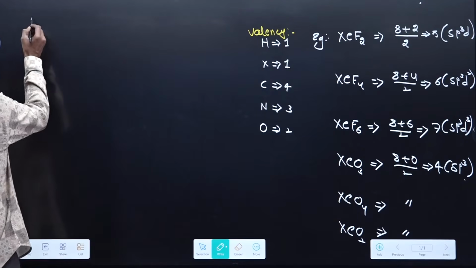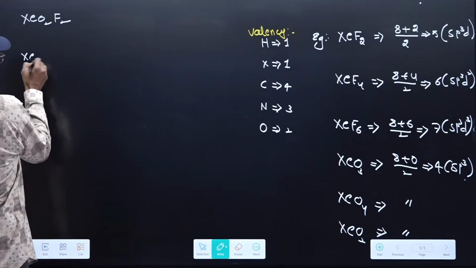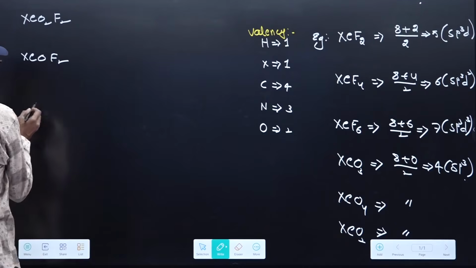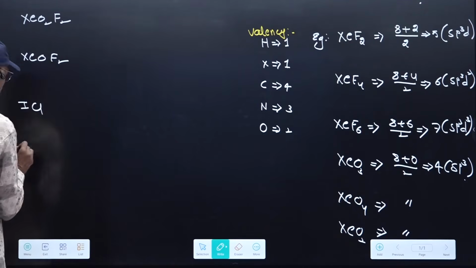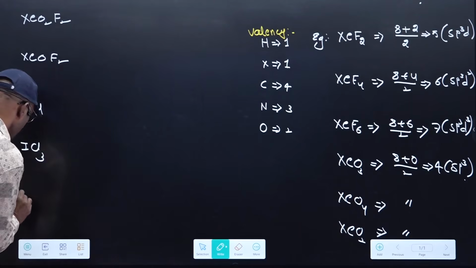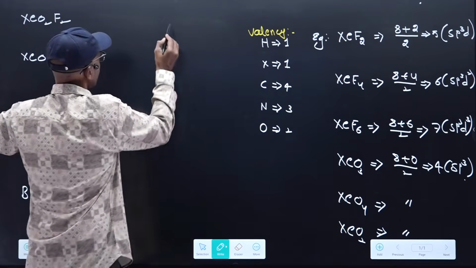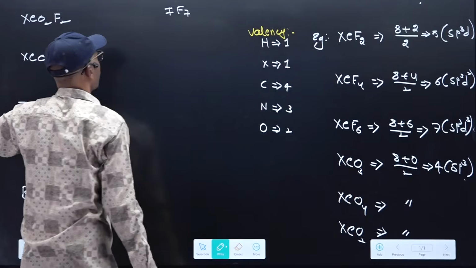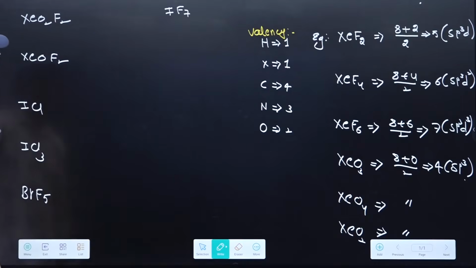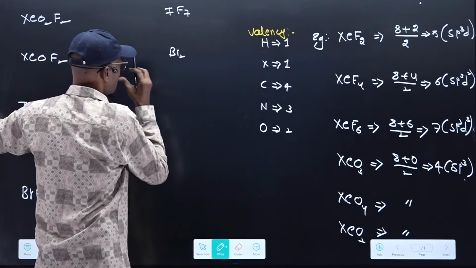So take these examples. Xenon oxydifluoride, xenon dioxydifluoride. Next ICl, ICl3, BrF, IF7, Br2.